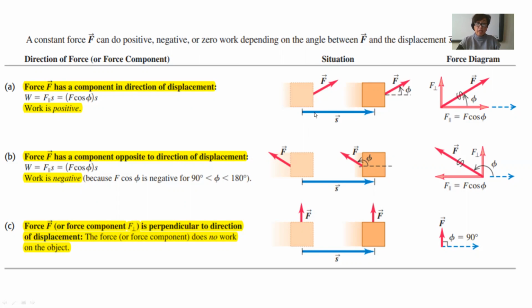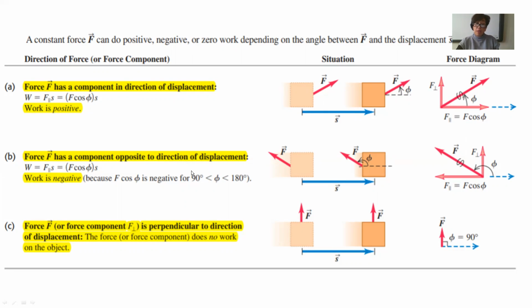Here this is the displacement, two positions. In the force diagram, the perpendicular force doesn't do work on the car, and the parallel force is force multiplied by cosine alpha. Here the work is positive.